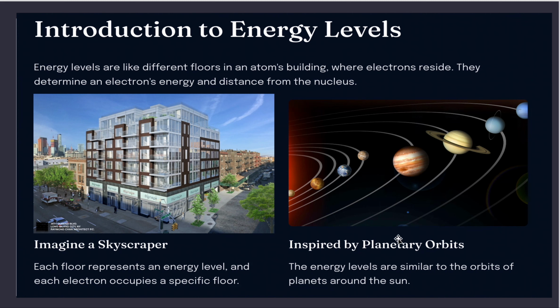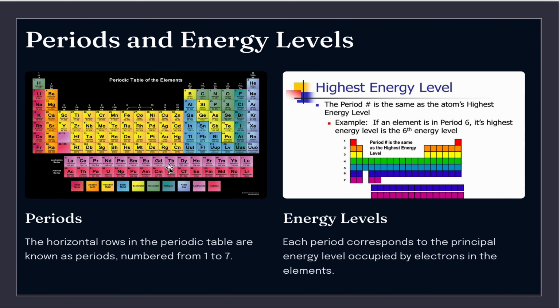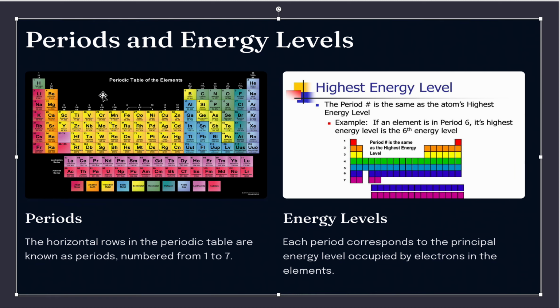That's more or less the same thing for the energy levels. What you just need to remember is that the energy levels are related to the periods. All of the elements in period number one have one energy level. Period number two, two energy levels. Period number three, three energy levels, and so on.